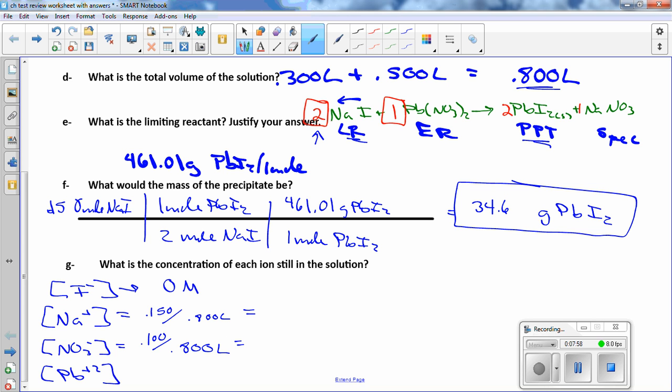When we do the math here, hopefully I have this also. All right, so for Na, I have that over 0.800. So I get 0.188 molar Na plus in my solution. You do this math, you get 0.25 molar NO3 minus in the solution.